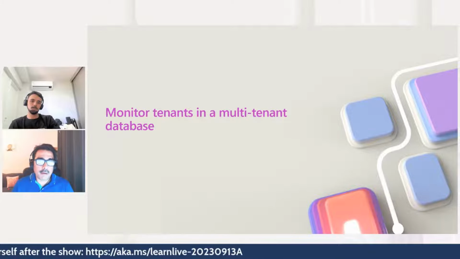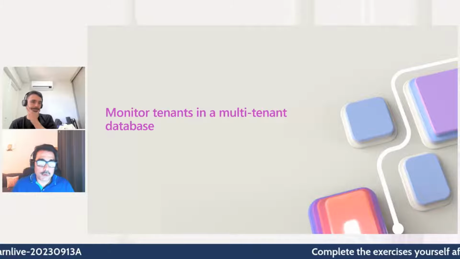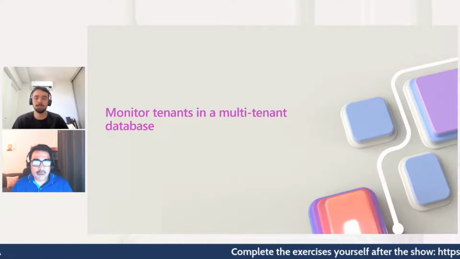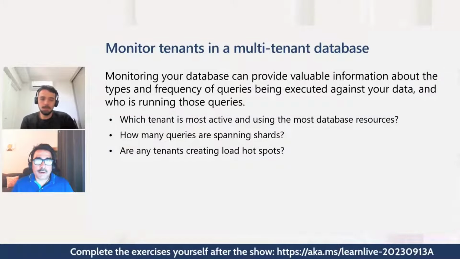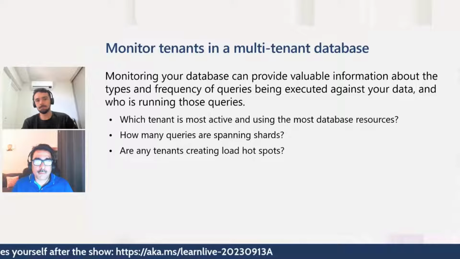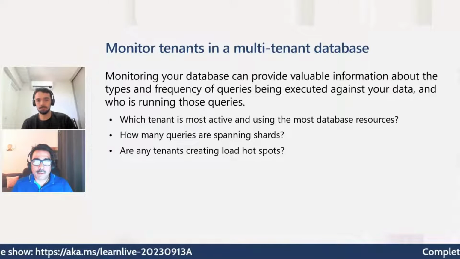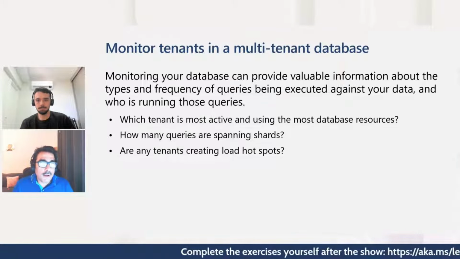We have identified the distribution column, and using that we have distributed it. So now our environment is ready to be used by the application as a multi-tenant and distributed database. Now it has gone into production.